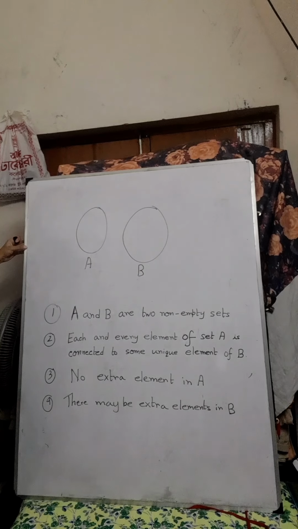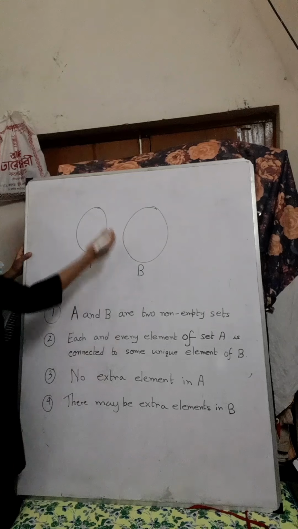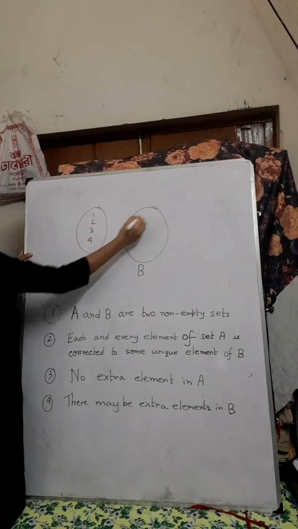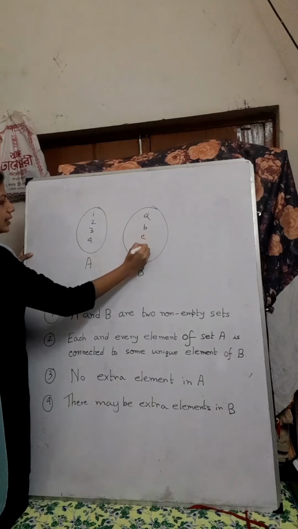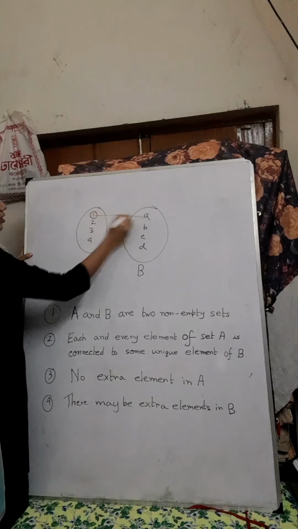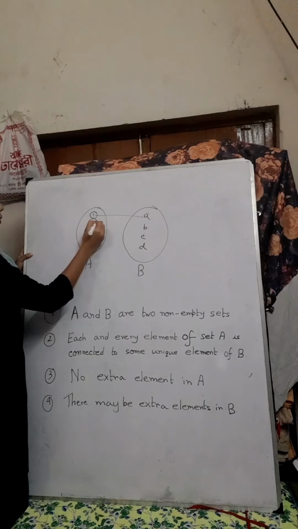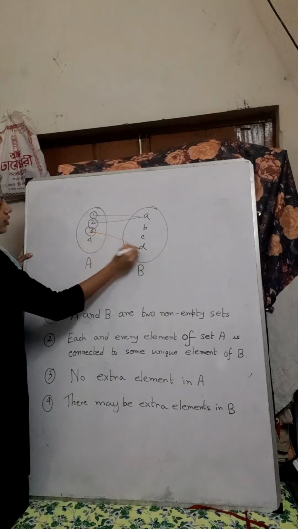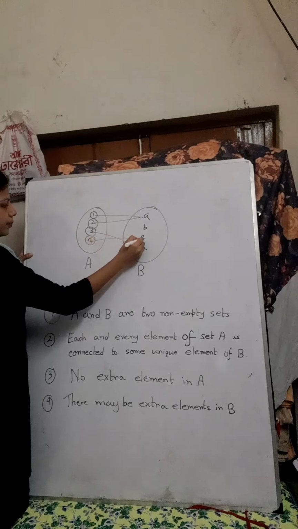Each and every element of set A is connected to some unique element of B. Now what does this one mean? If I take 1, 2, 3, 4 and here A, B, C, D, each and every element of set A will be connected to some unique element of set B.